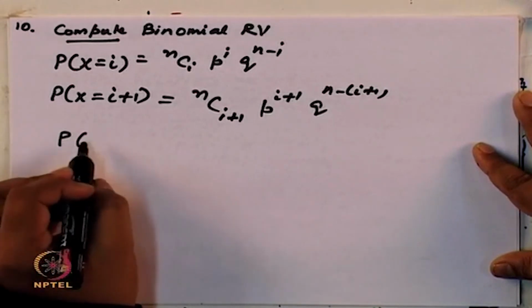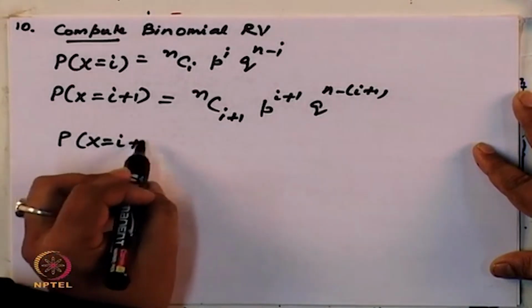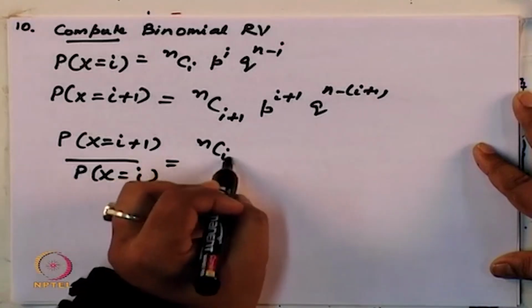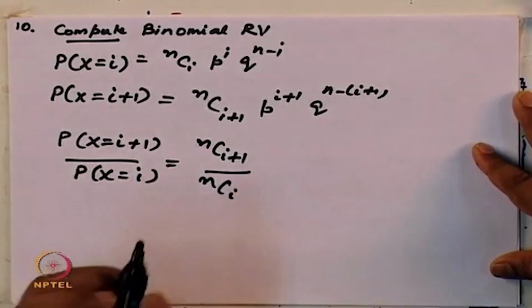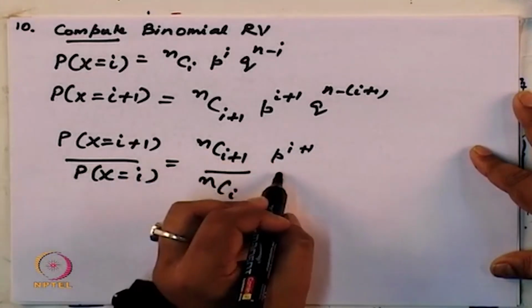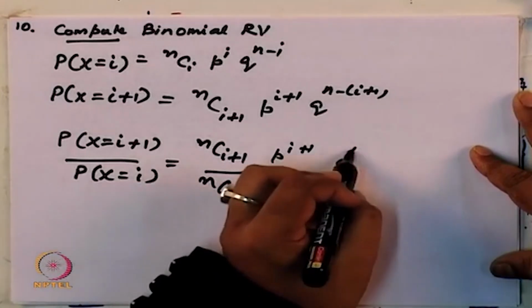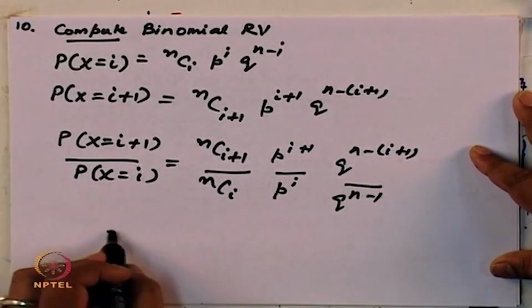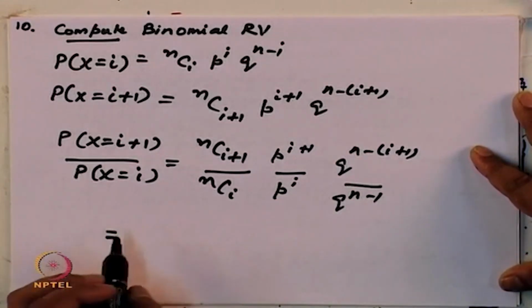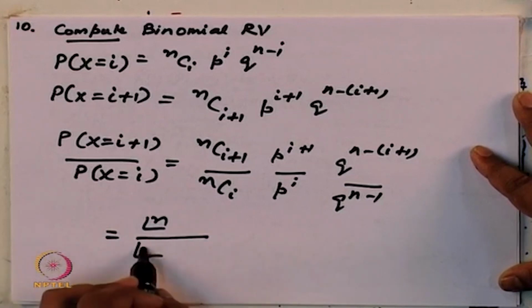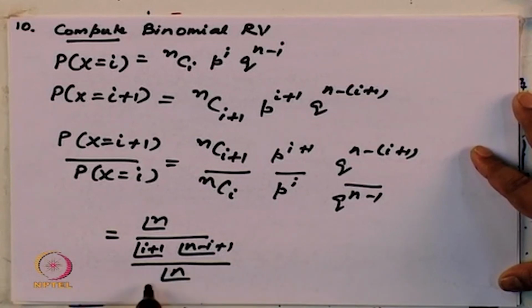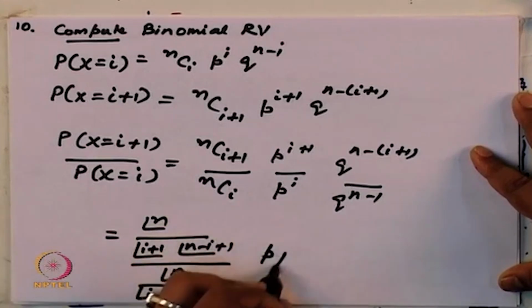So, I can take the ratio of probability of x equal to i plus 1 by probability of x equal to i, which is nC(i+1) by nCi, p to the power i plus 1 by p to the power i, q to the power n minus i minus 1 by q to the power n minus i. So, what is nCi? You can write it as factorial n by factorial i factorial n minus i, and this is p by q.